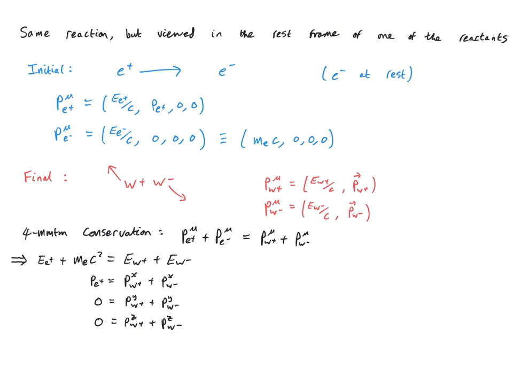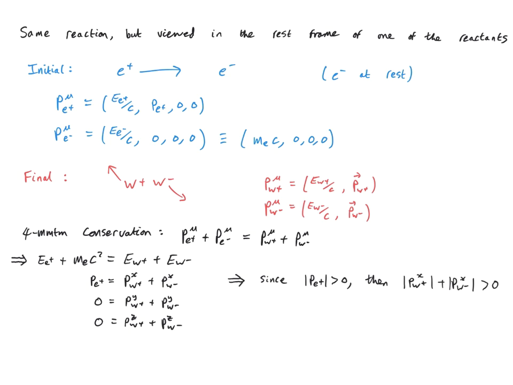In this frame of reference, we cannot have that the products are both simultaneously at rest, because the sum of their momenta along the x direction is finite and set by the momentum of the reactants. This means that either one or other of the W plus and W minus bosons must be moving after the collision. This means that the products have some finite kinetic energy.